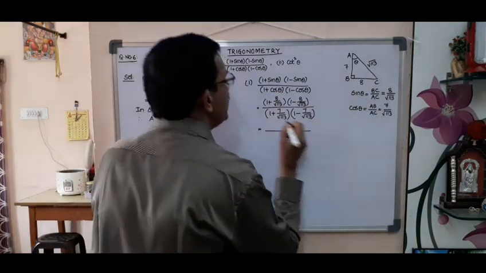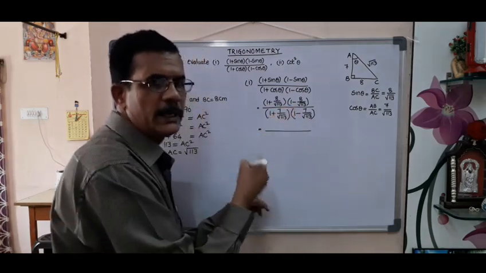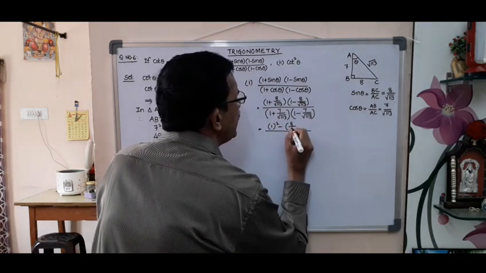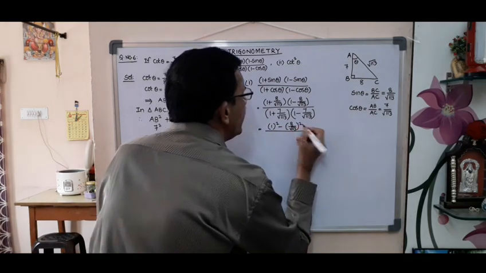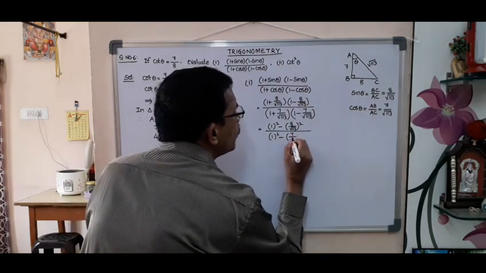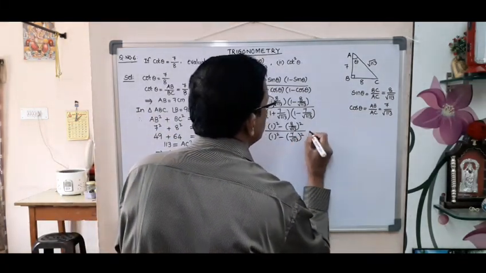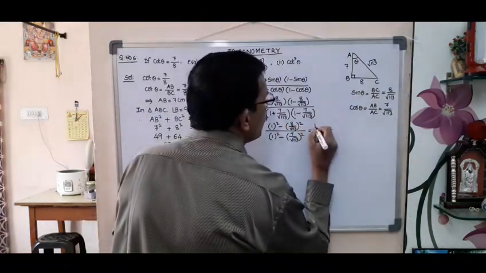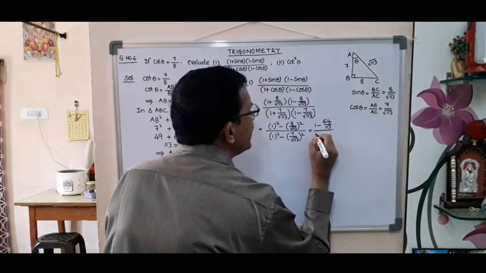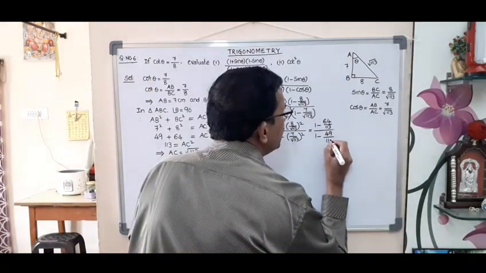This is in the form (a plus b)(a minus b) in the denominator also, so it can be written as a square minus b square. So 1 square minus (8 by root 113) whole square, over denominator 1 square minus (7 by root 113) whole square, is equal to 1 minus 64 by 113 in the numerator, and in the same way in the denominator 1 minus 49 by 113.